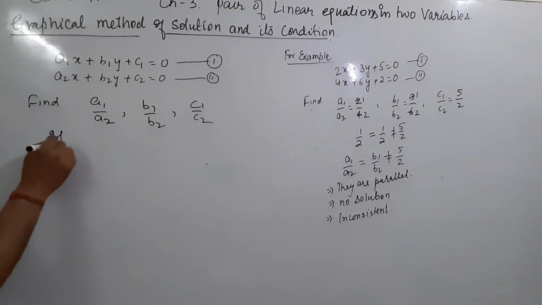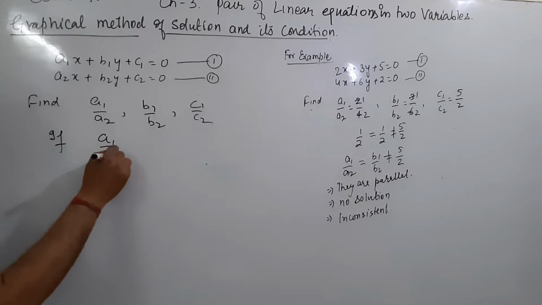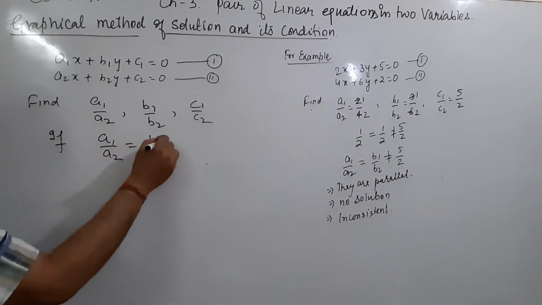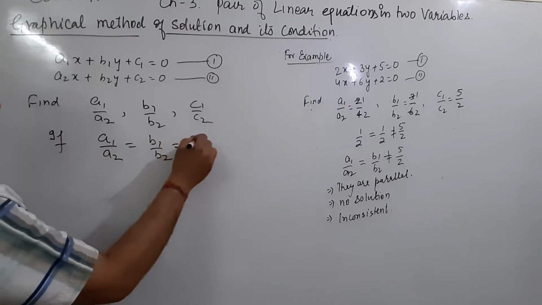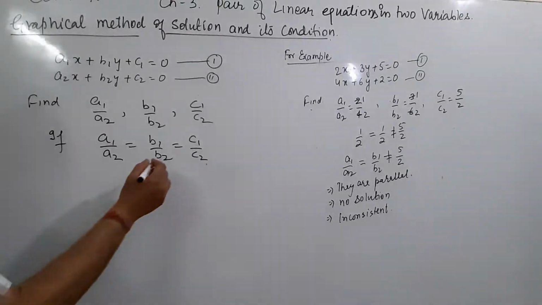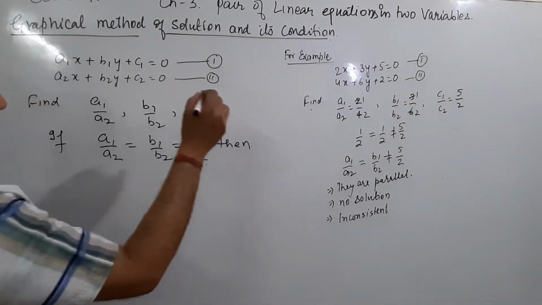If a1 upon a2 equals b1 upon b2 equals c1 upon c2, if all three are equal, then what will happen?